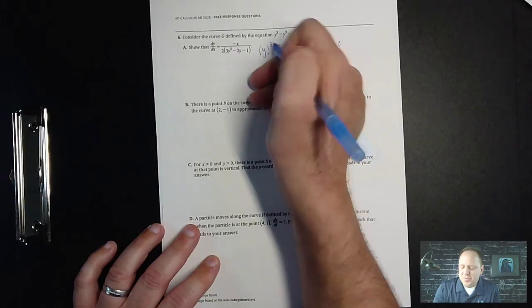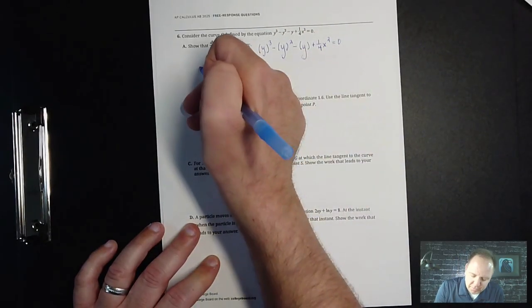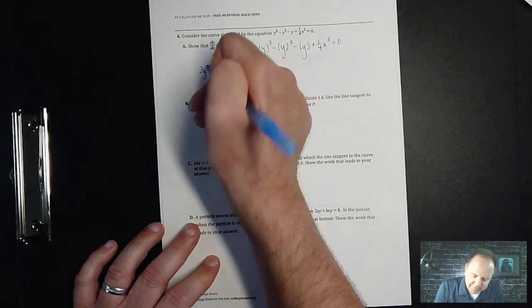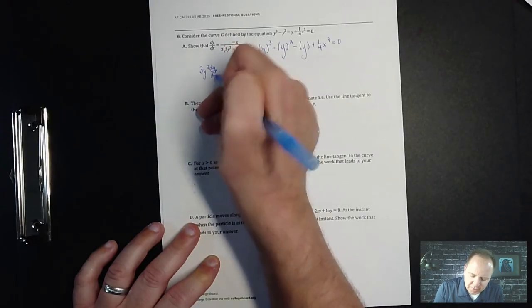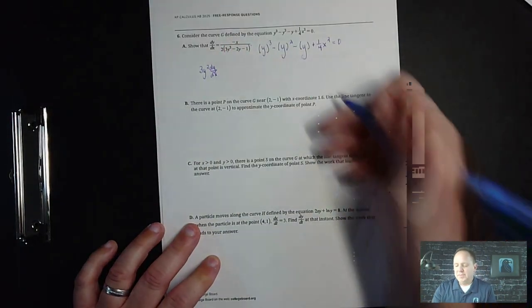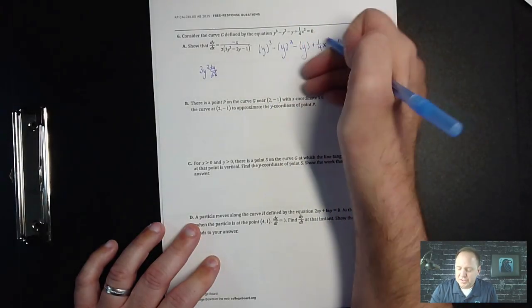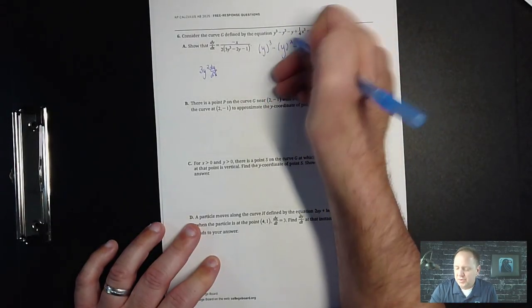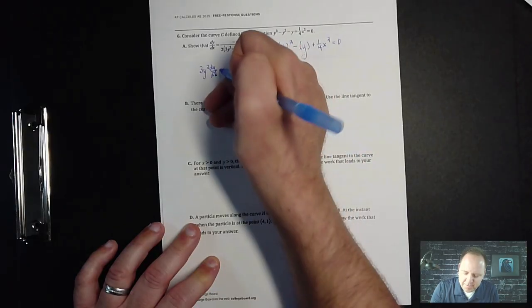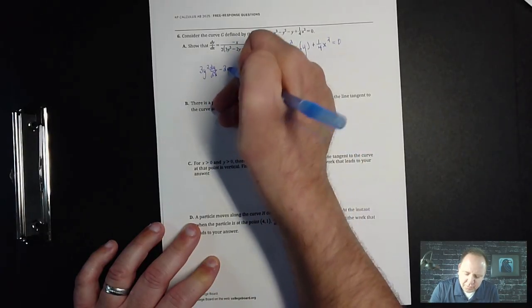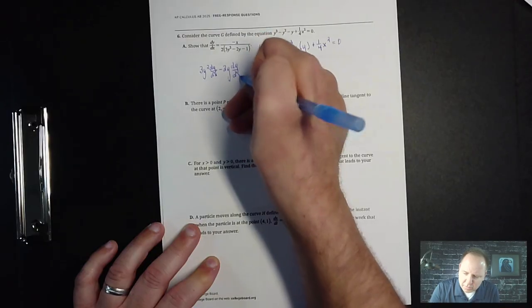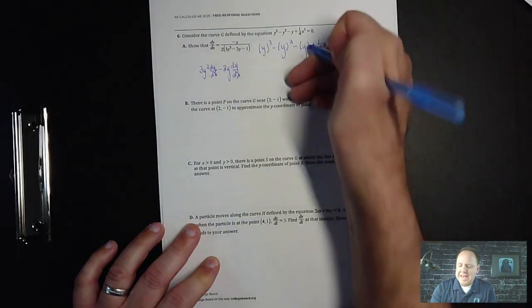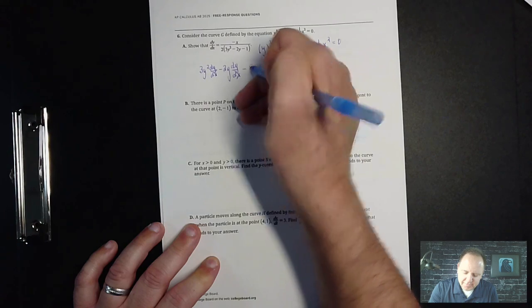Derivative of this would be 3y squared dy/dx. And again, you should be very schooled at taking implicit differentiation or implicit derivatives. This would be a negative 2y dy/dx. Negative dy/dx.